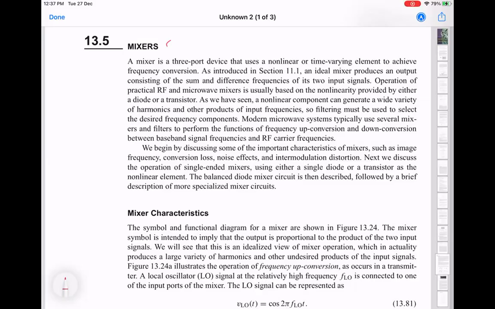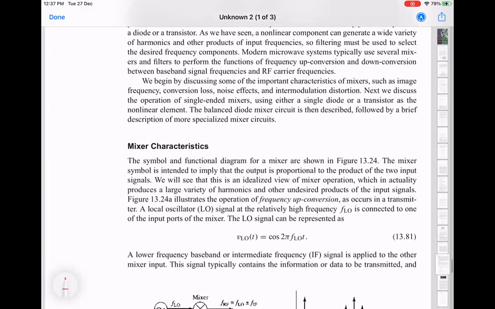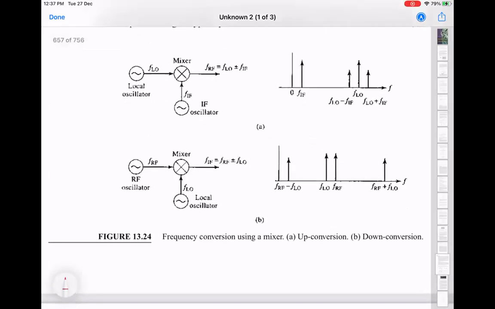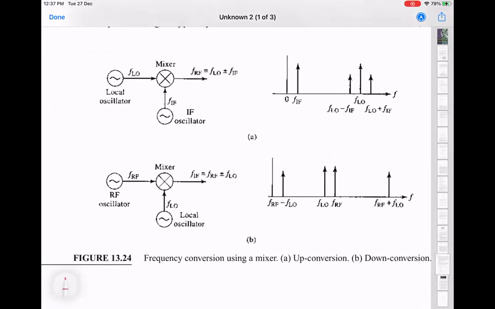So it's typically a diode for mixers. Sometimes transistors are also used. Okay, so the essential operating picture of a mixer is shown in this figure, and there are two standard ways in which it operates. It's a 3-port device typically, which has what is called the LO port, which is here.